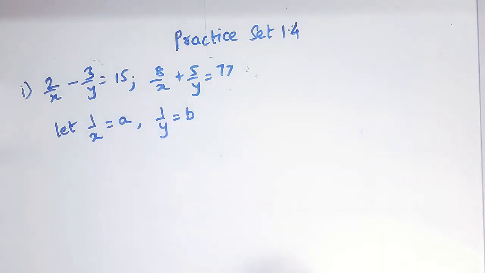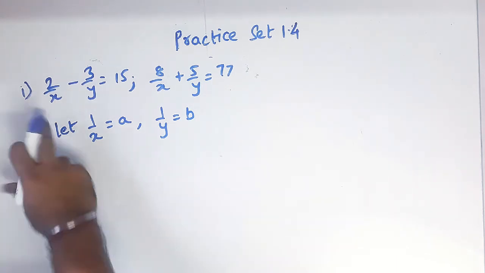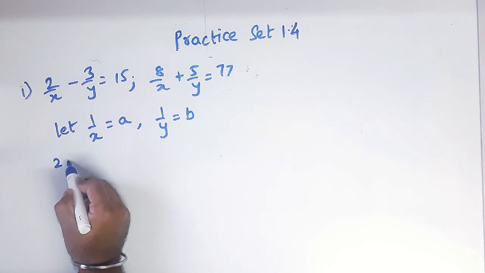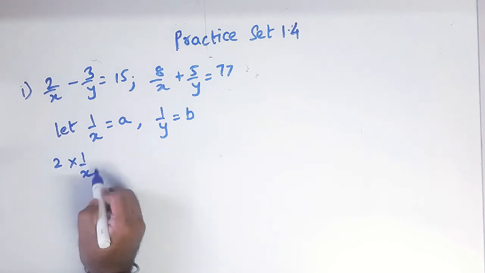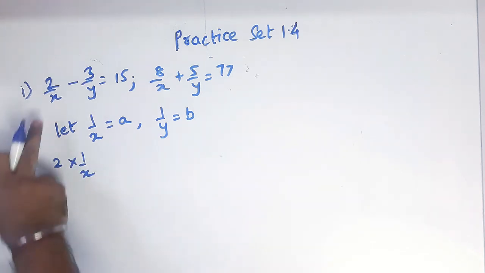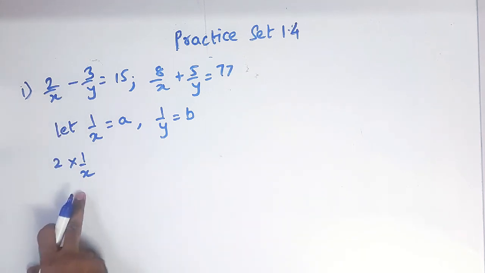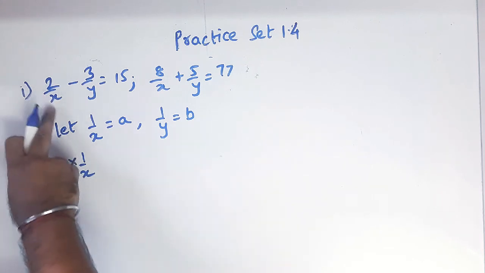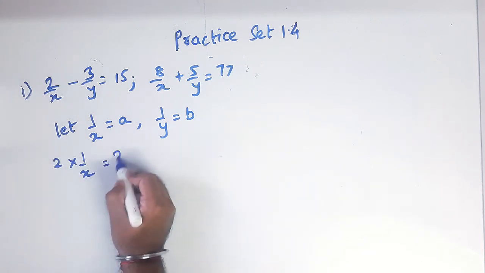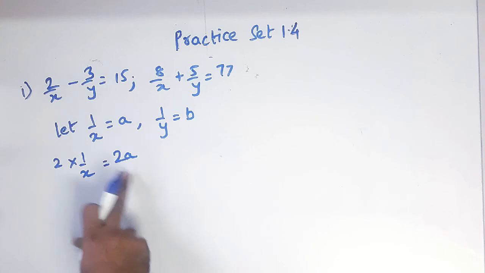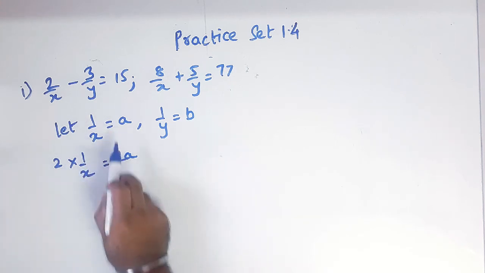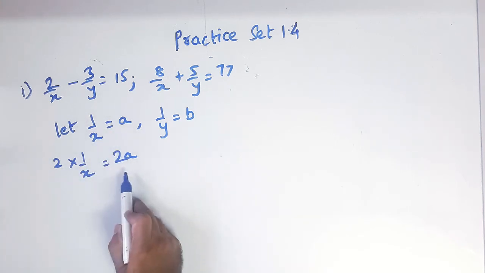b. Now 2 upon x means 2 into 1 upon x, yes or no? That means instead of 2 by x, I can write 2a, because 1 upon x we have taken as a.